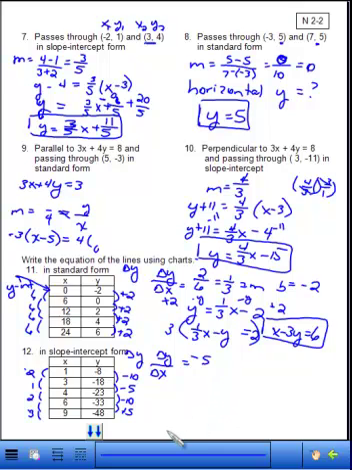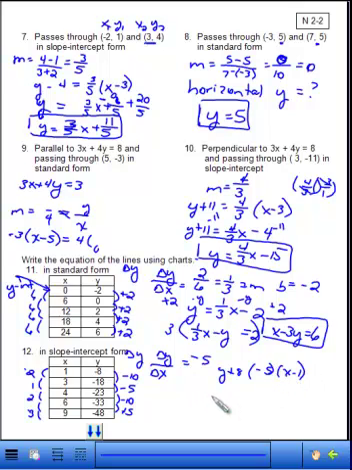Now we don't have a y-intercept, so we have to pick a point. So we're going to pick 1, negative 8. So y plus 8 is equal to negative 5 times x minus 1.